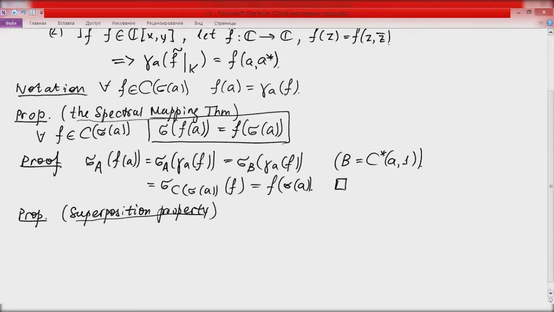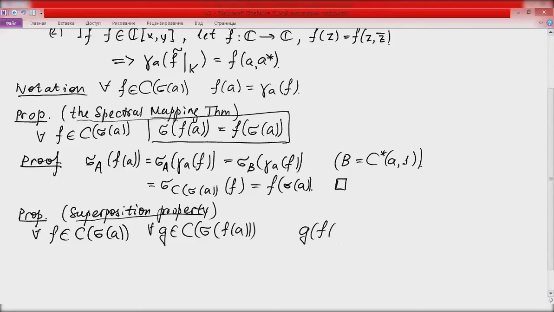So suppose we have a continuous function f on the spectrum of A and a continuous function g on the spectrum of f of A. So we can now take g and apply it to f of A. And this is well defined because f of A is easily seen to be normal.